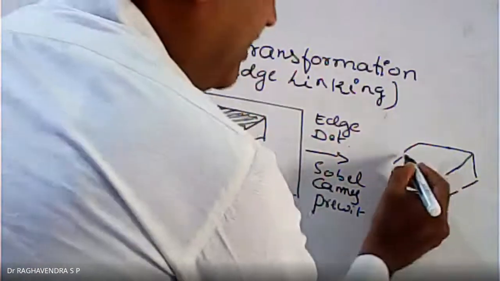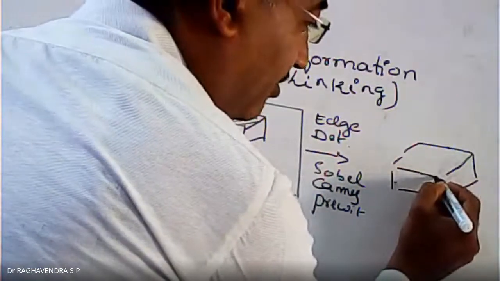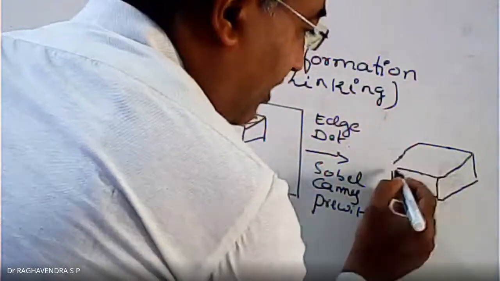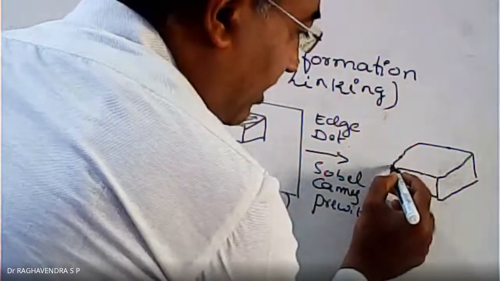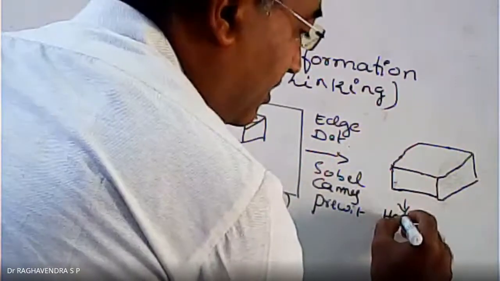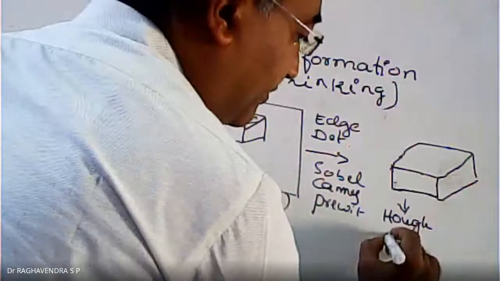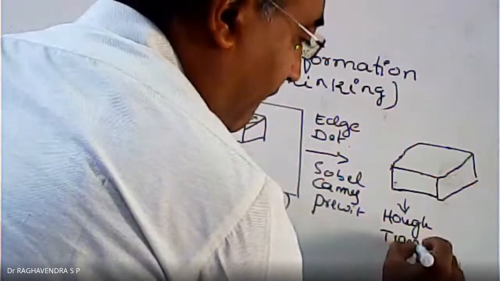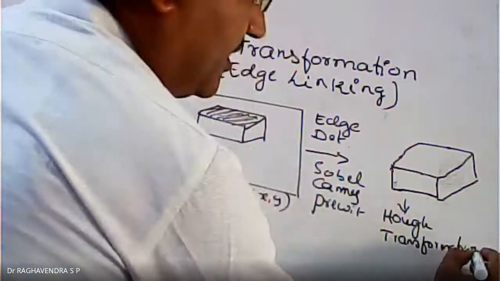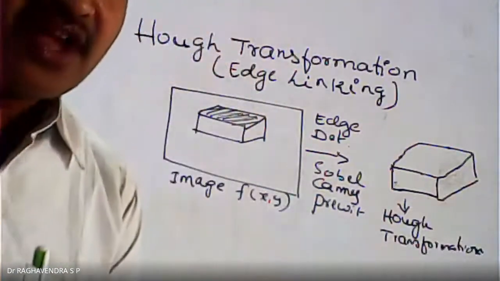You have to combine this one, combine this, and draw like this. This can be done by applying the Hough transformation. This is the main application of Hough transformation.